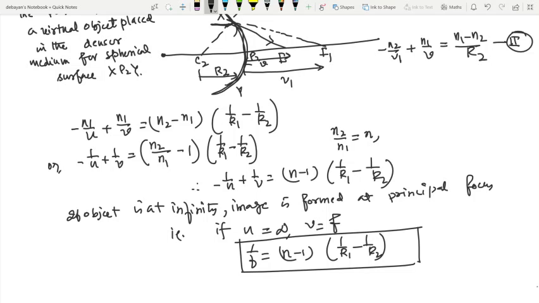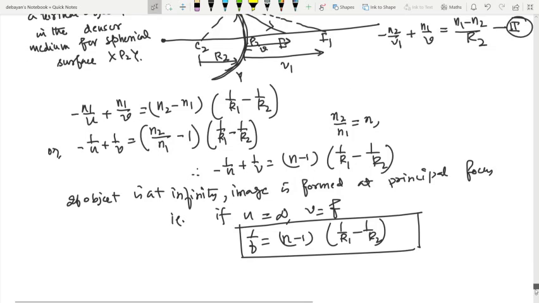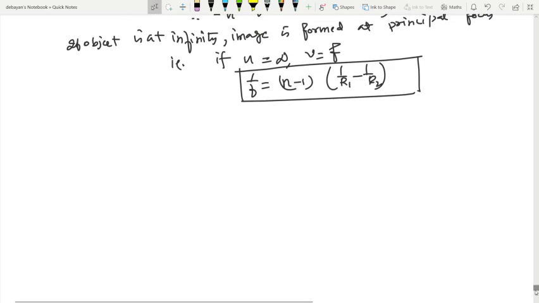Tell me, you know there is a concept of equivalent focal length. So if the question comes like that, suppose a problem is given like this, you have to just find the focal length of the equivalent system.